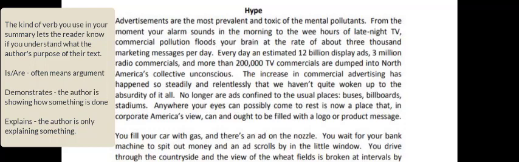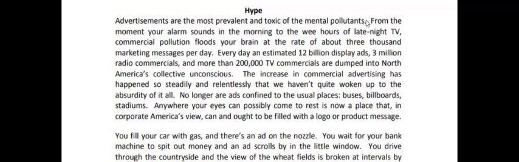Right away, we have our thesis statement, or what their argument is. The key word here is advertisements. This is my subject or topic, if you will. And then my verb is an equal sign, so I know that it's going to be an argument of sorts. And then the author's position, which is prevalent and toxic of the mental pollutants.